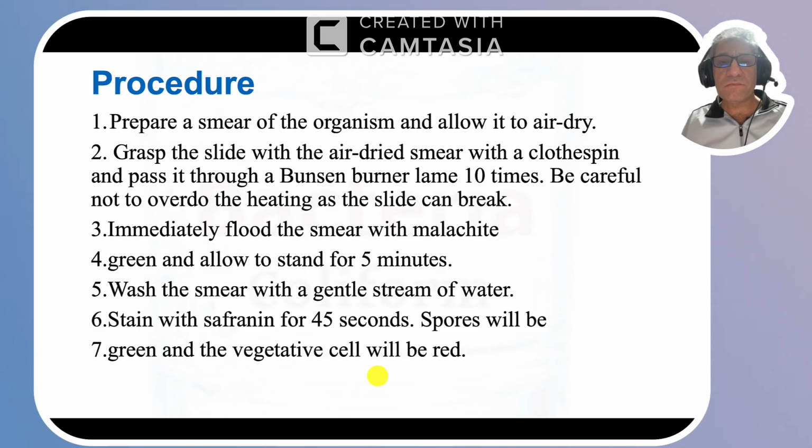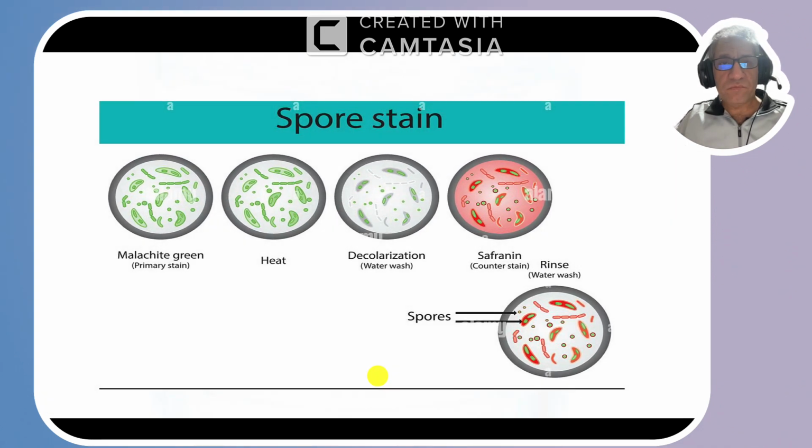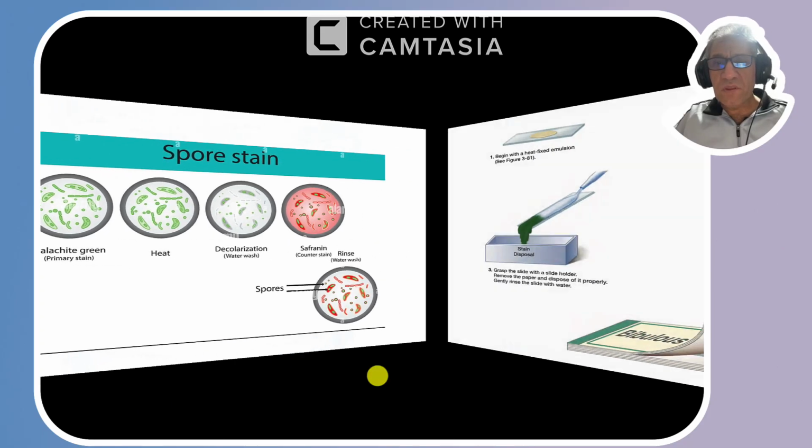After that, you're going to do washing, of course. The spores will be green, and the vegetative cells will be red. These are the simple steps of the spore stain.